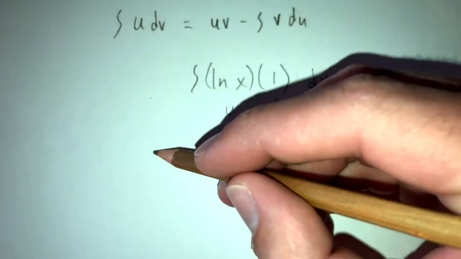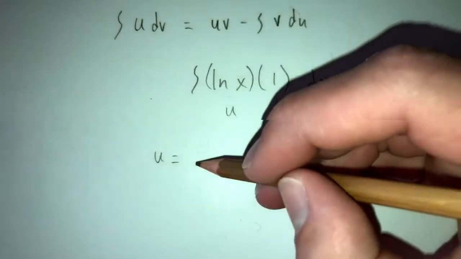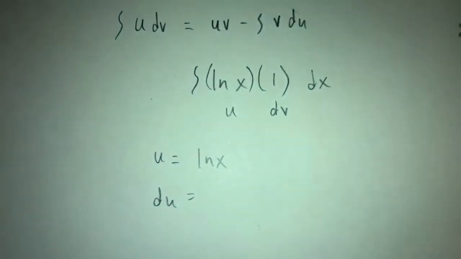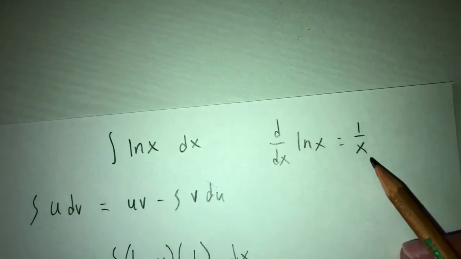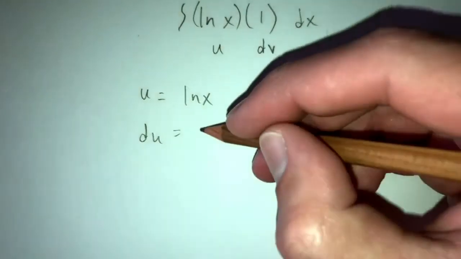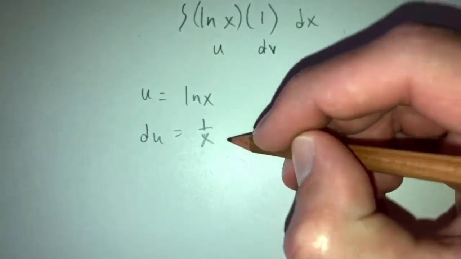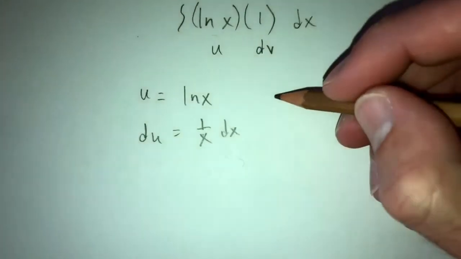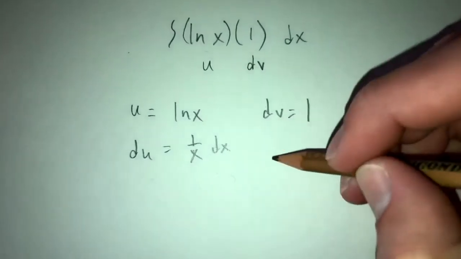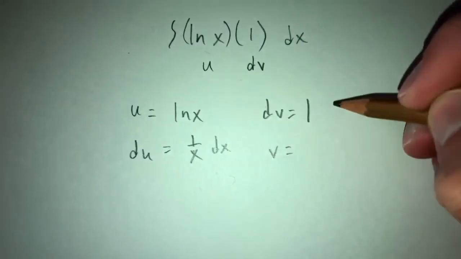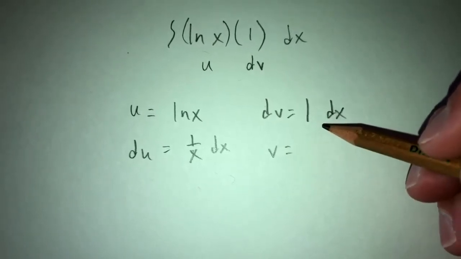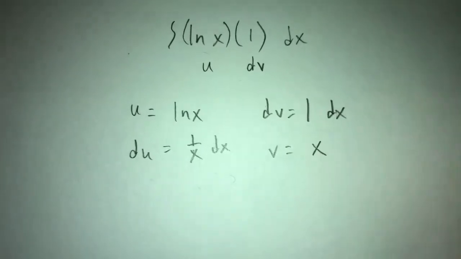We're going to say u is ln x, which means du is just the derivative of ln x, which is 1 over x dx, and then our dv is going to be 1 dx, and our v is just the integral of 1. Well, the antiderivative of 1 is just x.